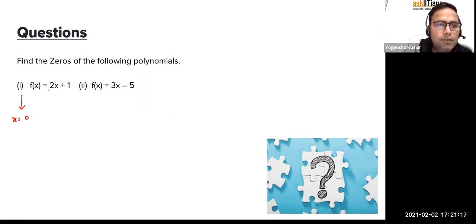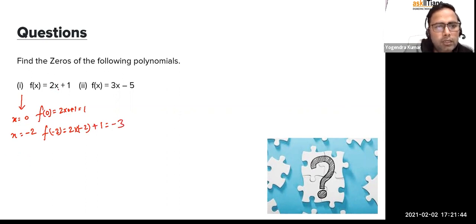If I put 0, I'm getting f of 0 equals 1, which is not giving me 0. If I put minus 1, no, it's not giving it. Minus 2 gives minus 3.